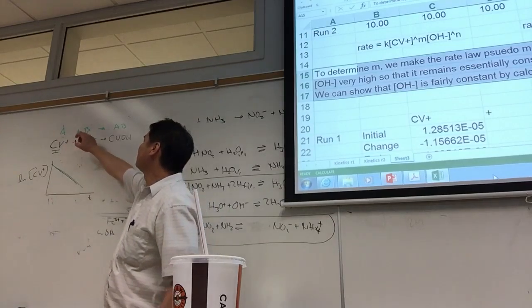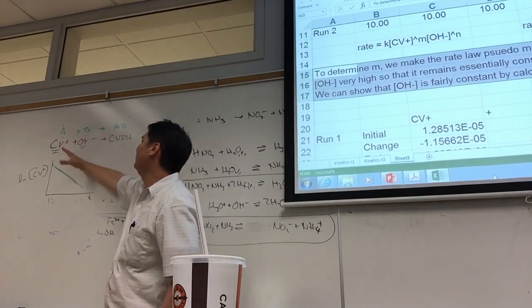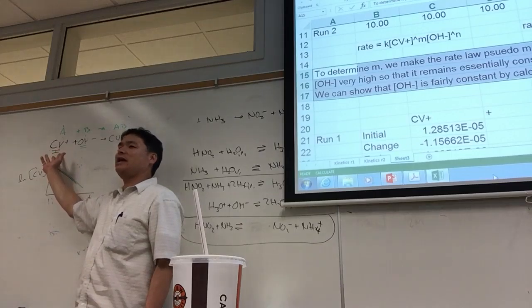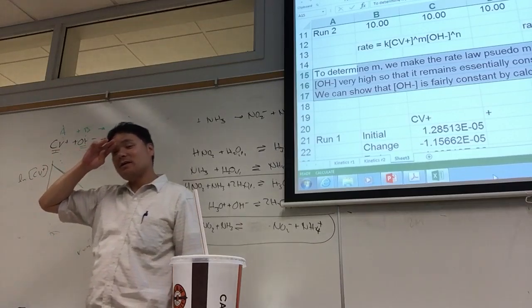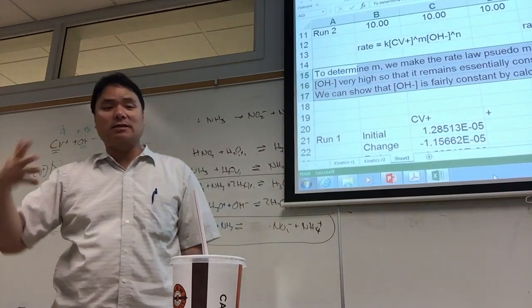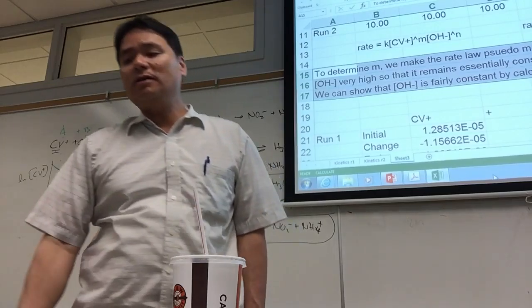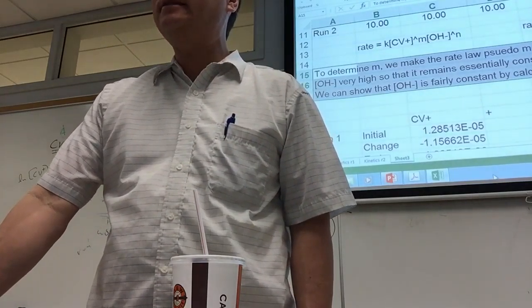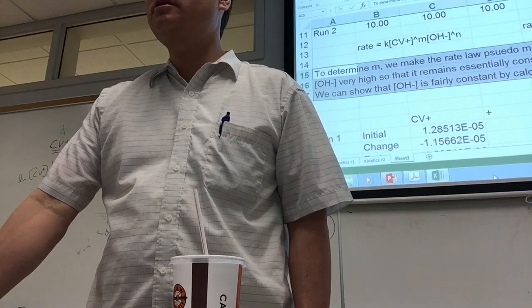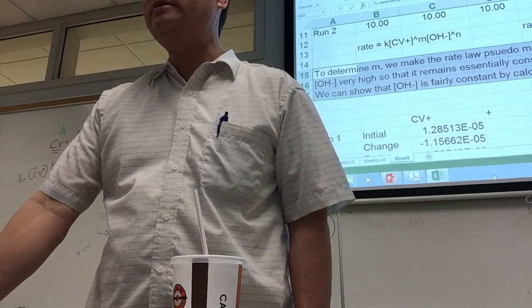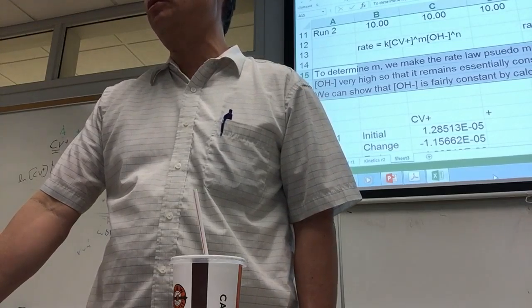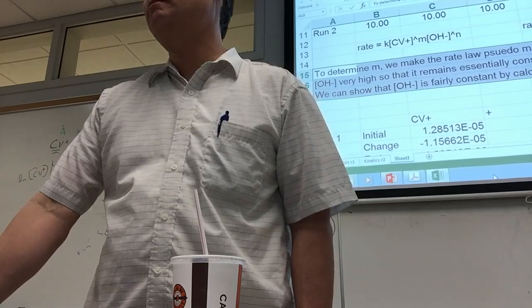If the concentration of B is very high, then the rate only depends on A. If the rate only depends on A, then we can make plots like this. But if the concentration of B is not very high, then the graph of A or the graph of B is going to depend on the overall order of reaction.